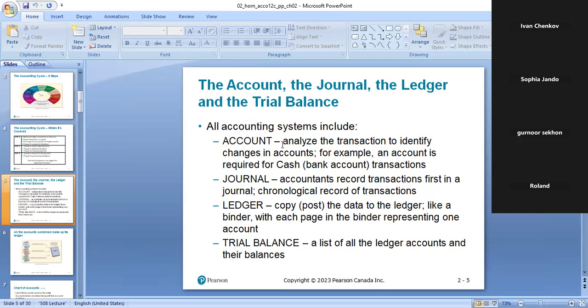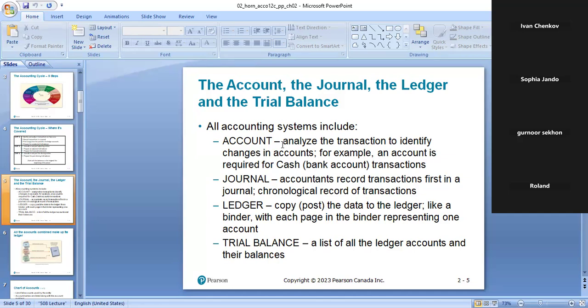Imagine you have one of those big thick notebooks. Every page in that notebook holds information about a single account in the company. We're not going to call it a page, it's going to be an account. In that account, we write debit and credit: depending on whether it's an asset, debit means coming in, credit means going out.